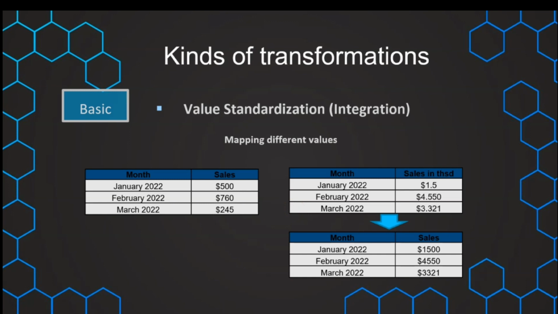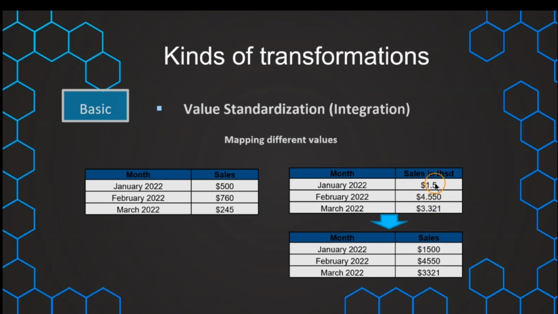Something similar to that is value standardization. This is also important to integrate the data. But in this case, we have different data types and different units, for example. Here we see that the sales are in thousands, so 1.5 means 1,500.